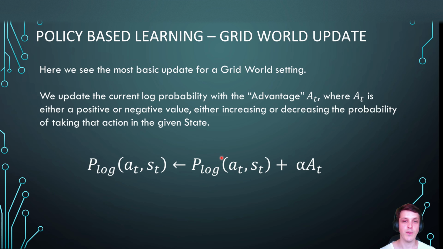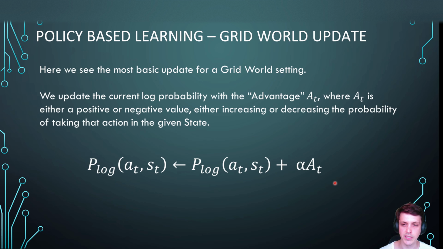Okay, so how do we learn these probabilities? The probability update for our very basic policy-based learning is very, very simple. We define or calculate some quantity called the advantage, and we simply say our current unnormalized log probability is equal to the current probability plus some alpha, a learning rate, times the advantage.